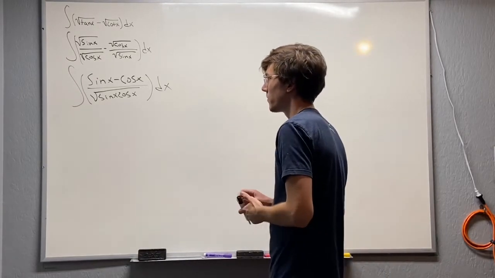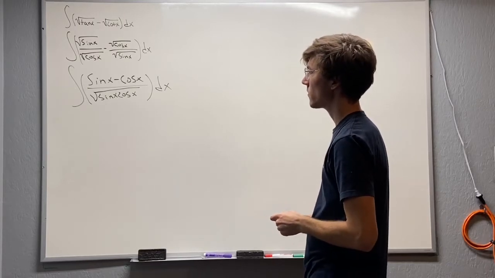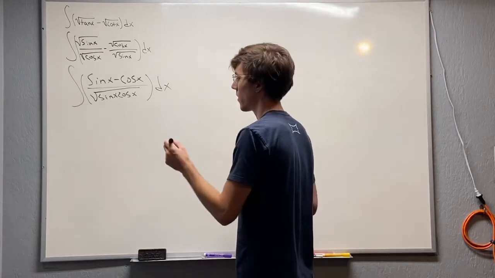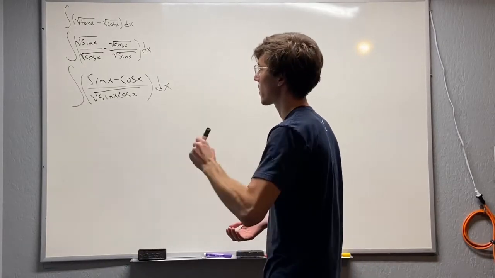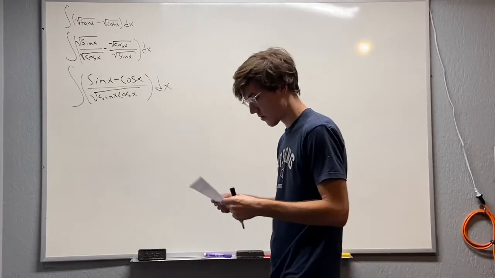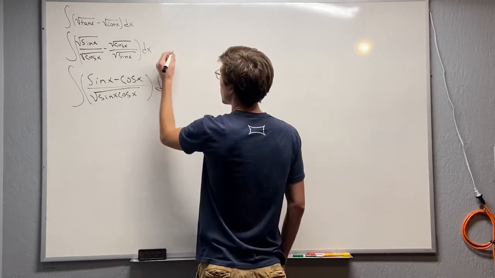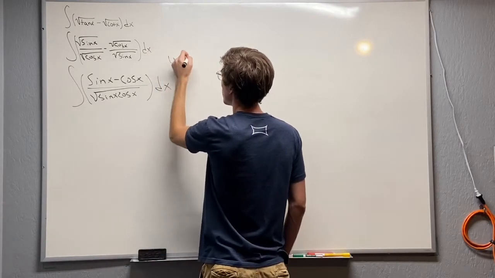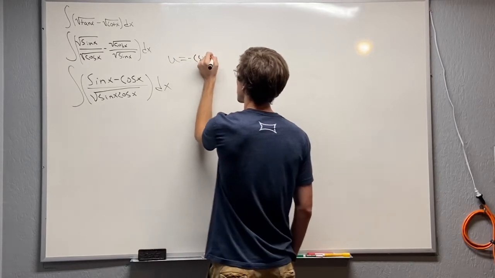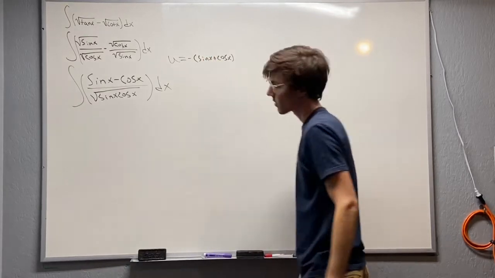That's our next step. So once we're here, it's starting to look a little more doable. The weird part that is going to be hard to figure out if you didn't know is the u sub. And so for this u sub, we're going to do something a little bit trickier. We're going to make u equal to negative sine of x plus the cosine of x.